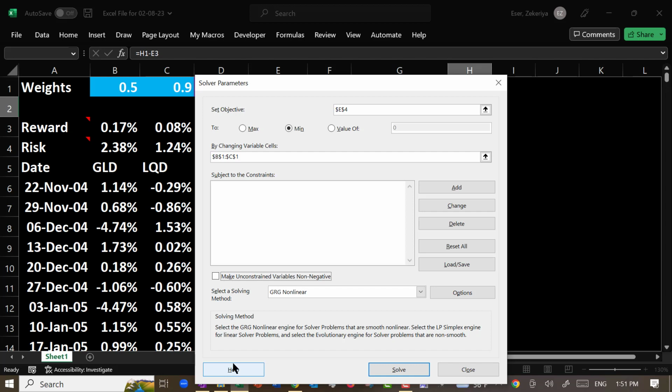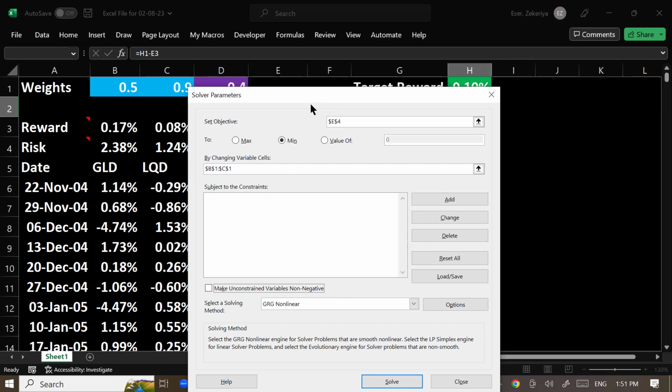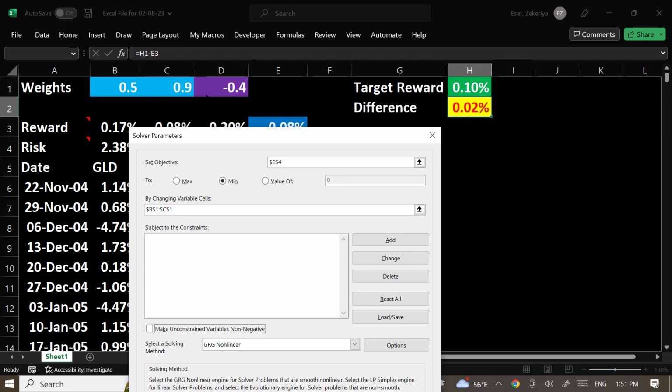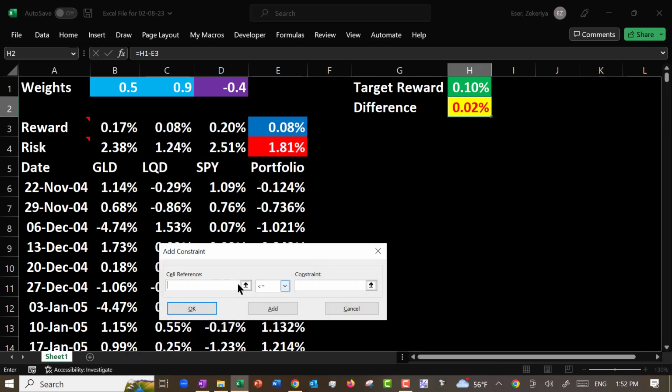And are there any constraints? I do. Whatever set of weights I pick, I want each of those portfolios to have a reward of 0.10%, okay? Which means I need this difference to be zero. So I'm going to add a constraint. I'm going to say this difference is equal to zero.